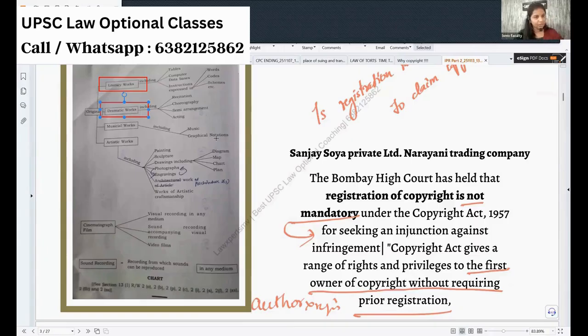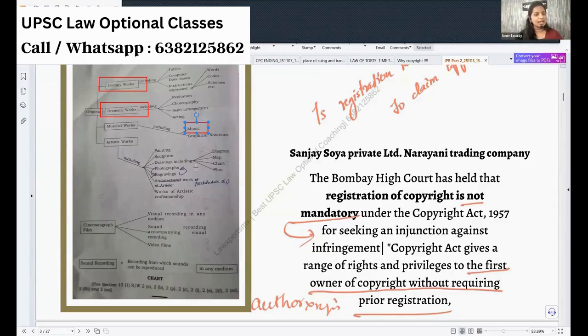Everything comes under dramatic works. And musical works, you all know music as well as graphical notations. The music book will have a four-line note, I never knew how to write down music. They will have these musical notes, right? Those are also protected under musical works.